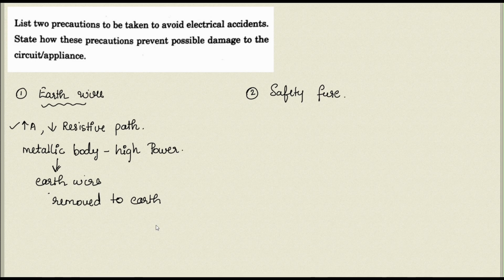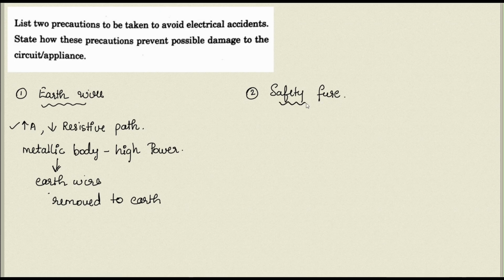It can accommodate infinite number of charges. It is neutral in nature, so it will not affect anything. So all these electric charges, which are not at all needed for the working of the device, can be removed to earth through the earth wire. That's how we can prevent the dangers or electrical accidents using earth wire.